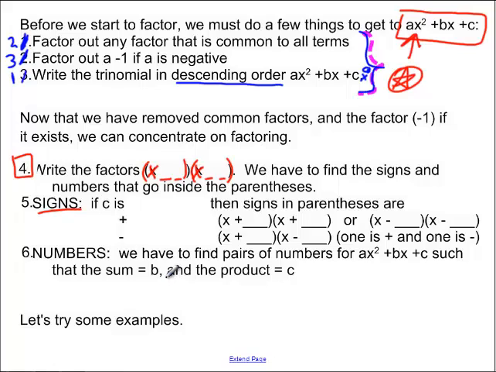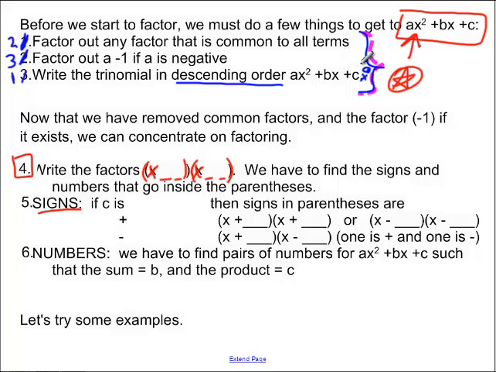So again, here are our rules to make our life easier. Here's 1, 2, and 3, and I apologize for that. I couldn't modify this in my smartboard presentation and still keep my 1, 2, and 3s. It turned into bullet points, so we're just going to modify it here. Step number 1 is write the trinomial in descending order. Remember, descending order talks about the exponents on the variables.